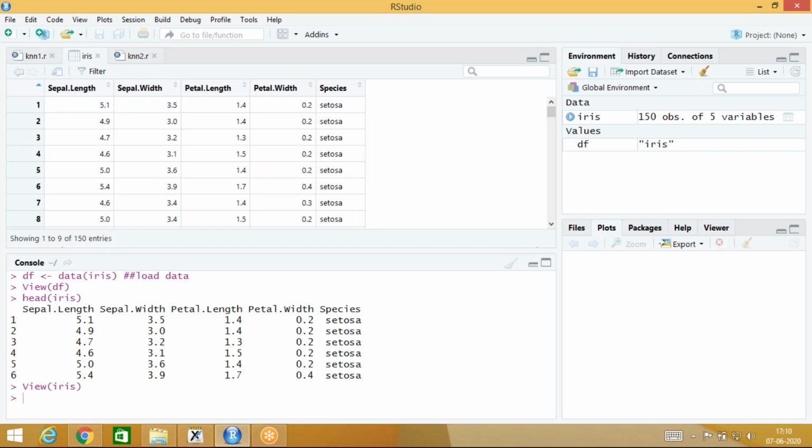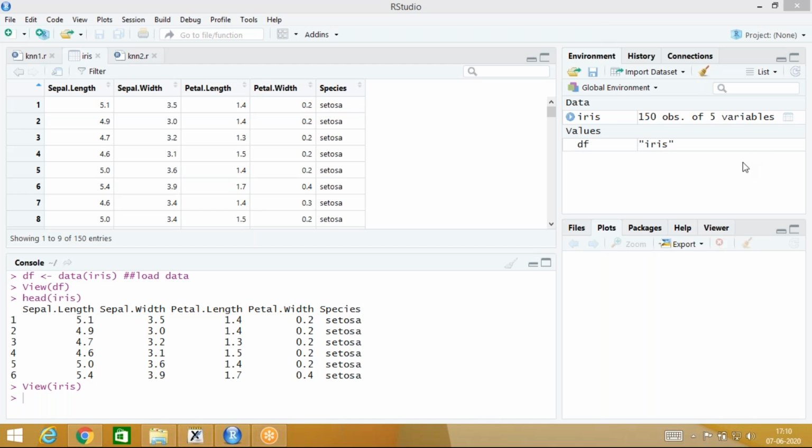Basically, these are various species of flowers. The fifth column is the species, and the first four columns are the sepal length, the sepal width, the petal length, and the petal width. The first four columns are your x variables, and your fifth column is your y variable.